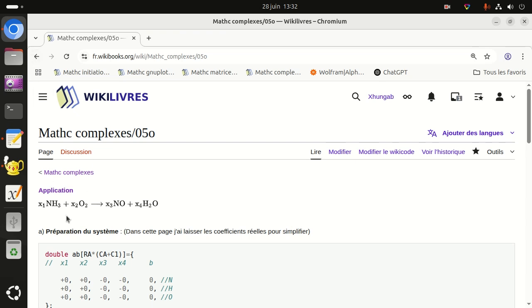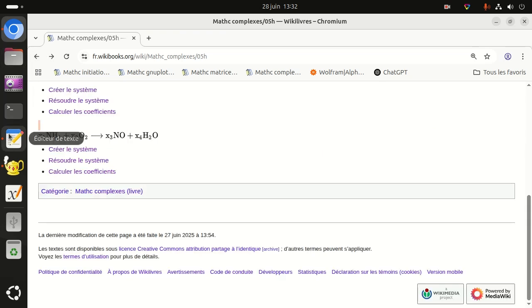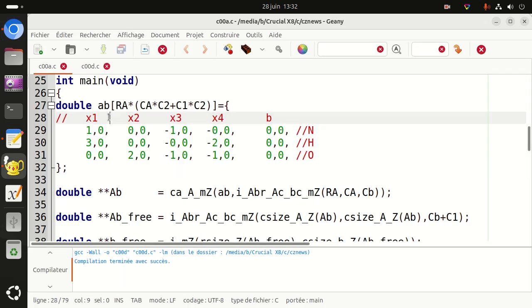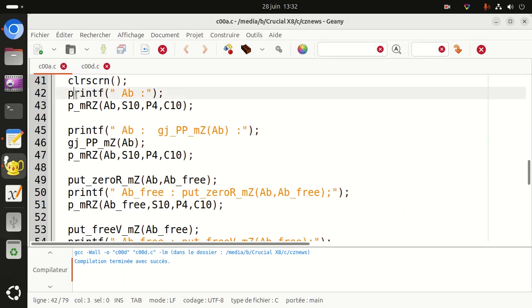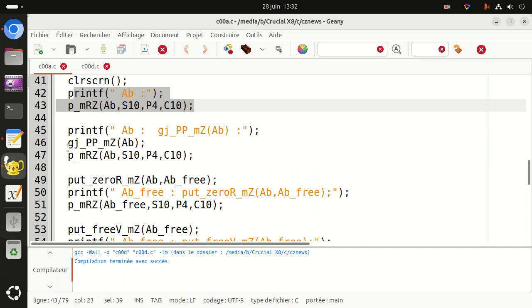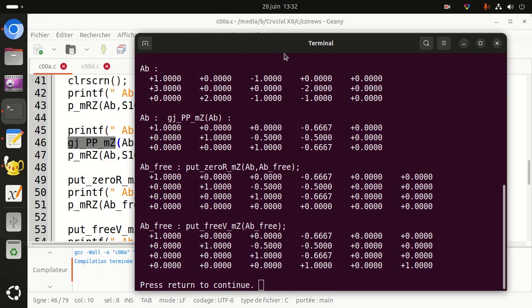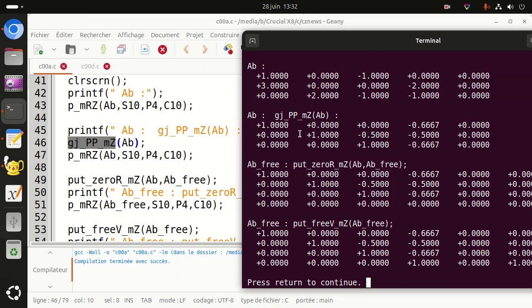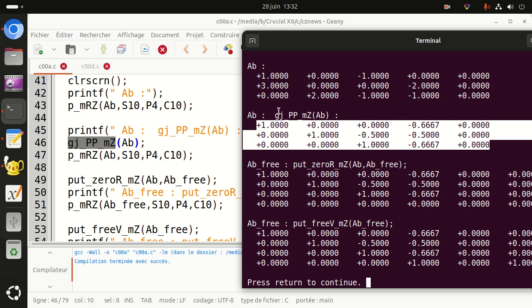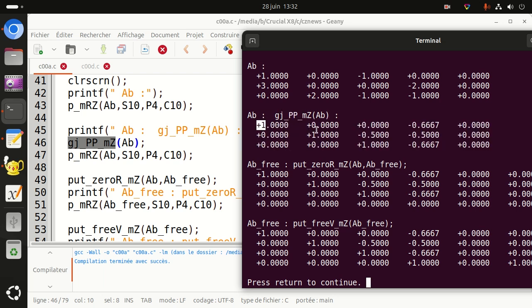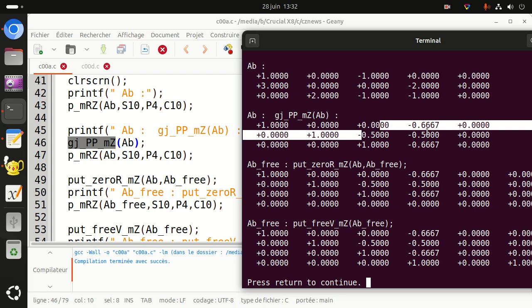I have created my system of linear equations. I have printed the system AB. I have used Gauss-Jordan partial pivoting. This gives this system of linear equations. I have not resolved the system. You have here this value.